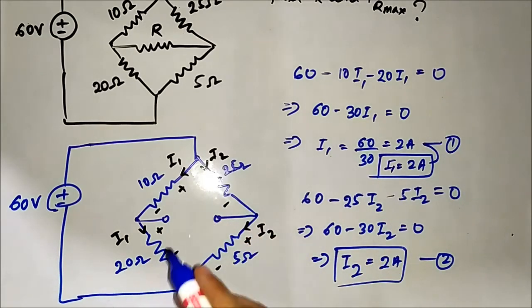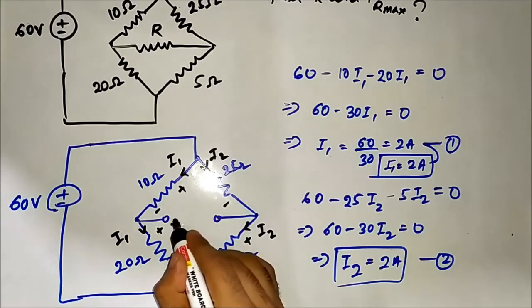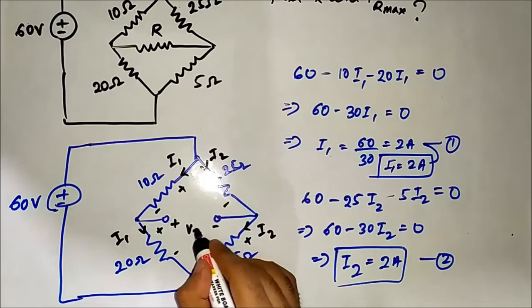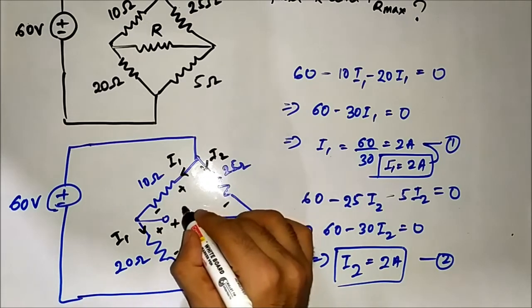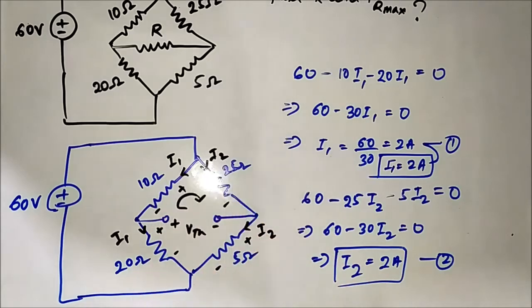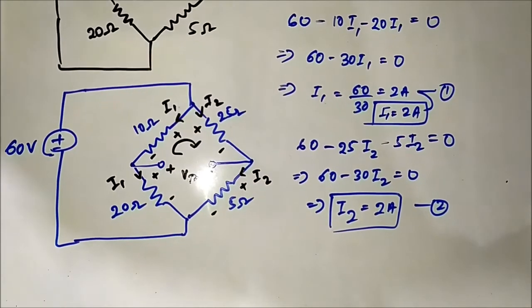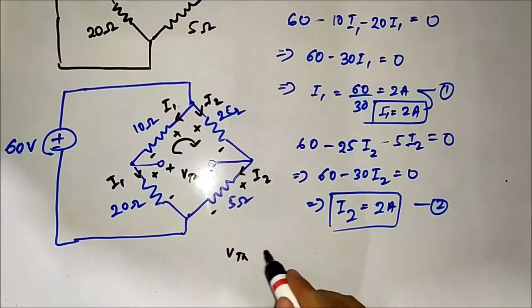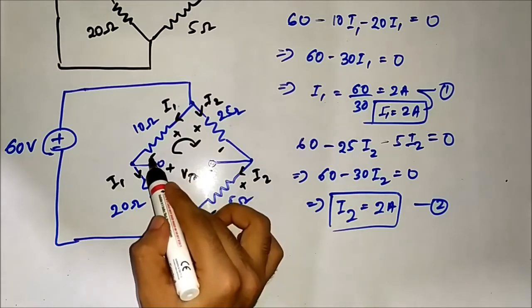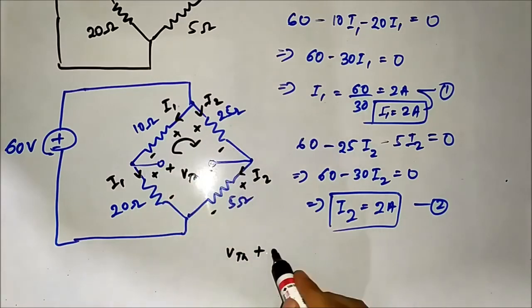Now we will apply KVL in this path from VTH like this, to find the value of VTH. So when we apply KVL in that way, we will get VTH plus 10 I1. Why plus 10 I1? Because we are moving from minus to plus.